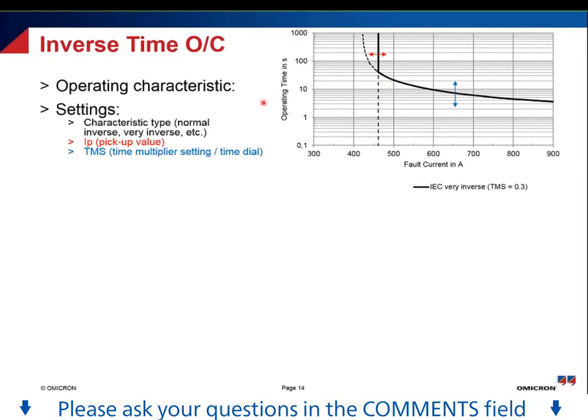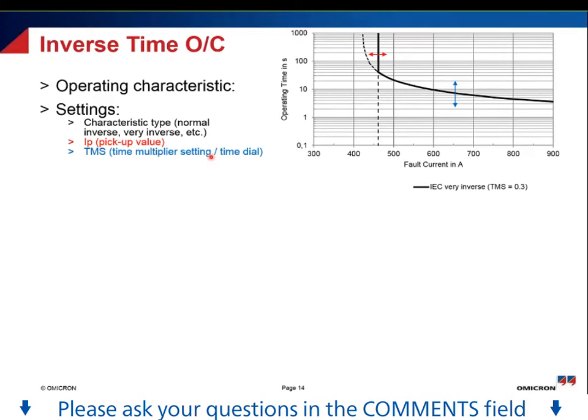What settings do we have? The first setting is one of the most important. It's the characteristic type. Should it be a normal inverse characteristic, a very inverse characteristic, and so on. This is defined by the formula that is used to draw this inverse graph. Then once again I have the pickup value, which is typically called IP, and the time multiplier setting, also called TMS or time dial, or TD.